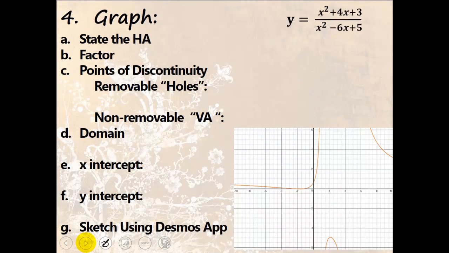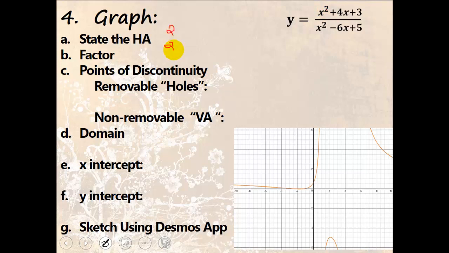Okay, so let's put all of this together. Because the horizontal asymptote depends on the degree in the numerator and the degree in the denominator, I want to look at it before I factor and cancel anything out. What is the degree of my numerator? 2. What is the degree of my denominator? 2.